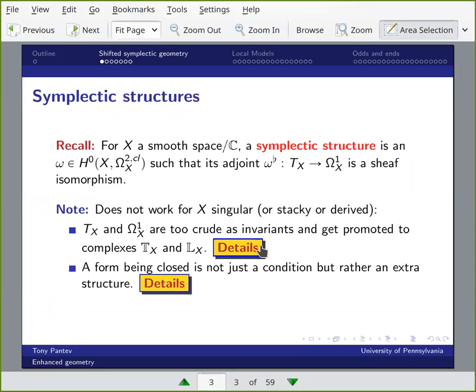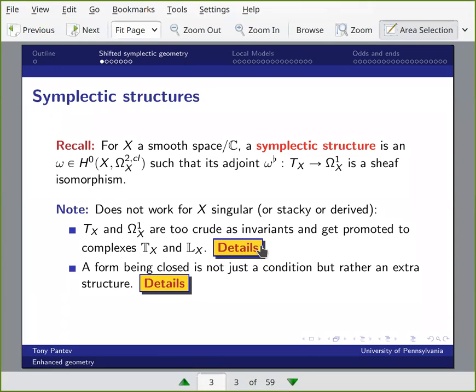There is something that you can do which is weaker than that. There is this notion of Gaitsgory and Rozenblyum of almost perfect theories. That means that the tangent and the cotangent complex is not perfect, but it's locally quasi-isomorphic to a complex of finitely many vector bundles, but possibly of infinite rank.